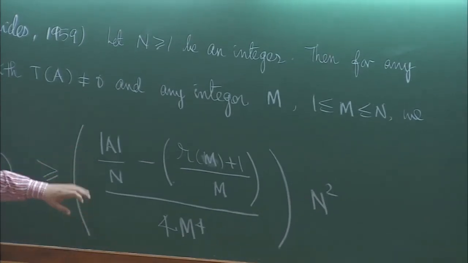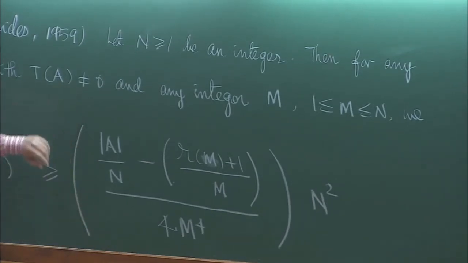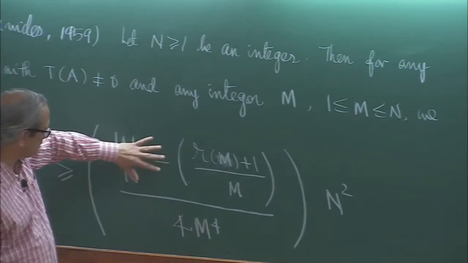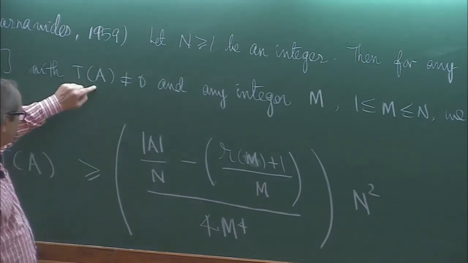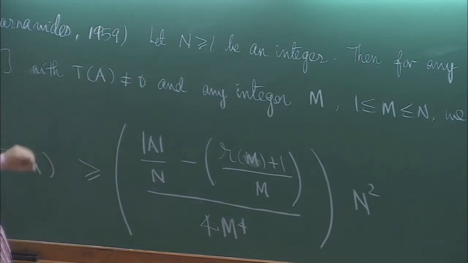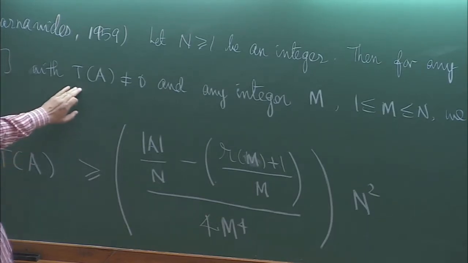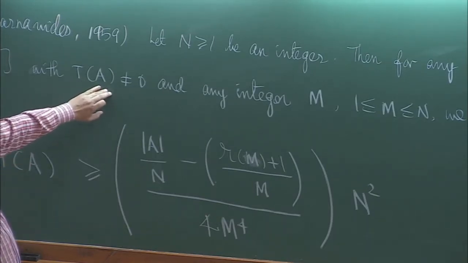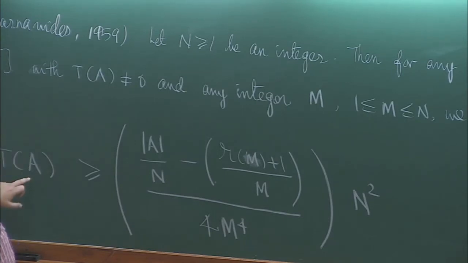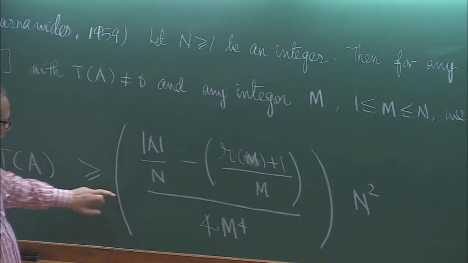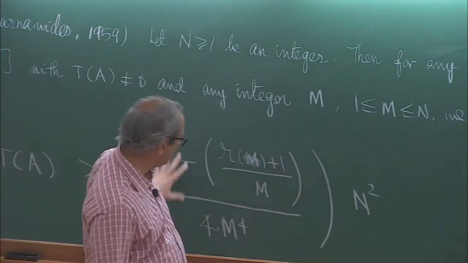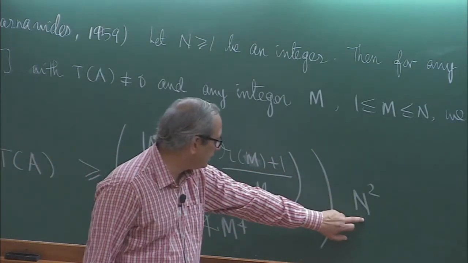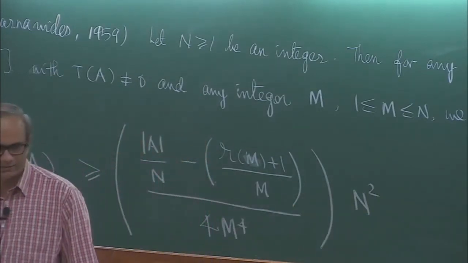The way this inequality is written is meant to indicate that this is some proportion of n square. So, it tells you that if there is at least one non-trivial 3-term AP, at least the first application of Varnamides theorem was to say that if you have one non-trivial 3-term AP, then in fact you have many, and actually as many as one would expect up to a constant which might be smaller, but the order is n square.